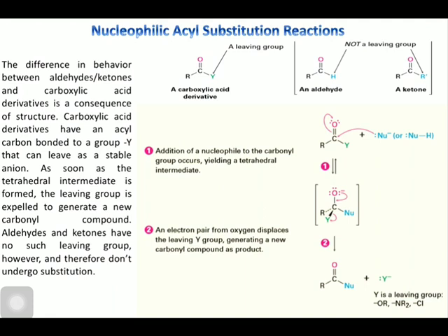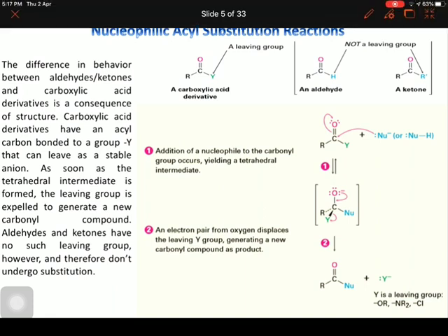Now we are talking in general about the nucleophilic substitution reaction. Before that, I want to mention something important that is different from the others. In the carboxylic acid derivative, this atom, as I mentioned previously, must first be a good leaving group, and second should be an electronegative atom.